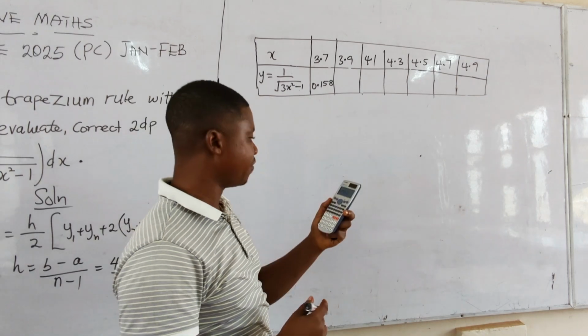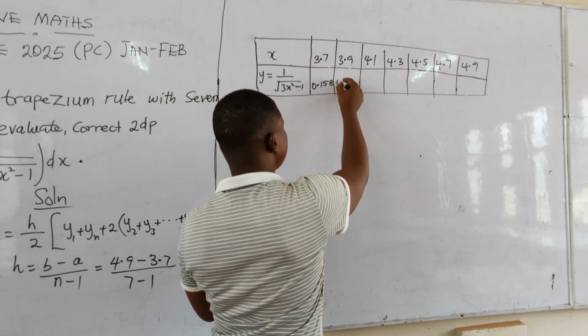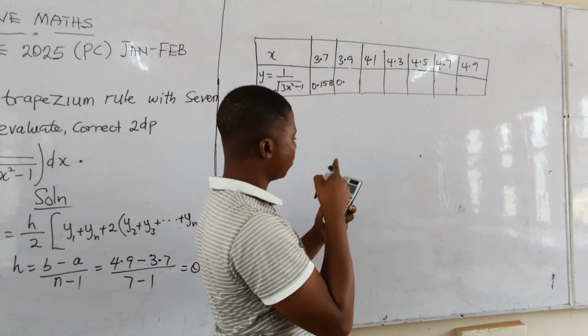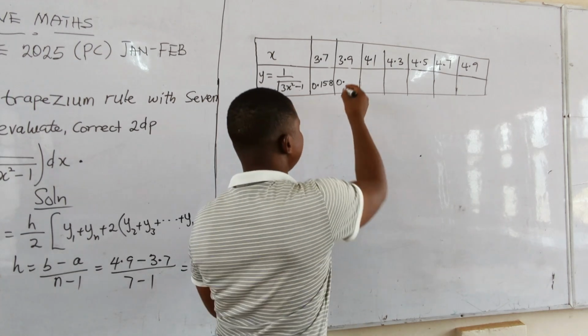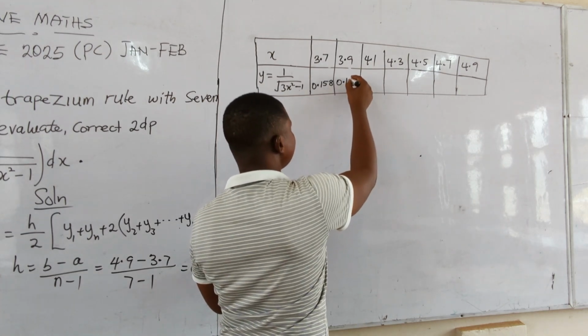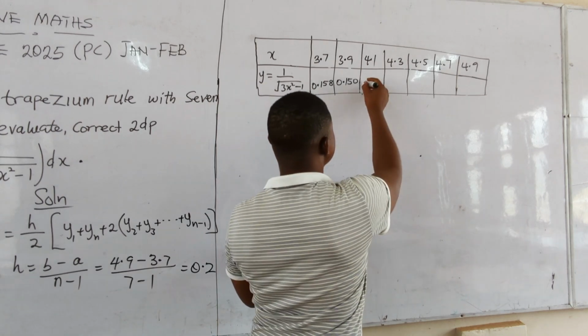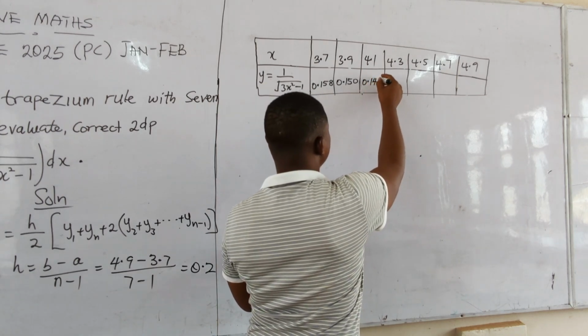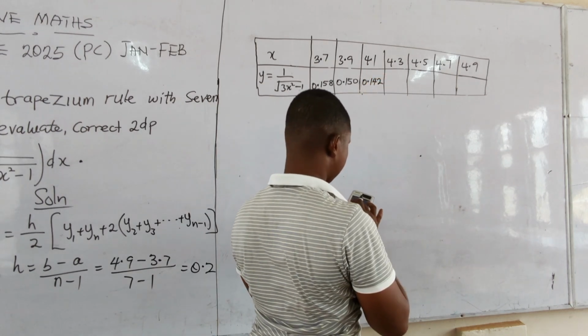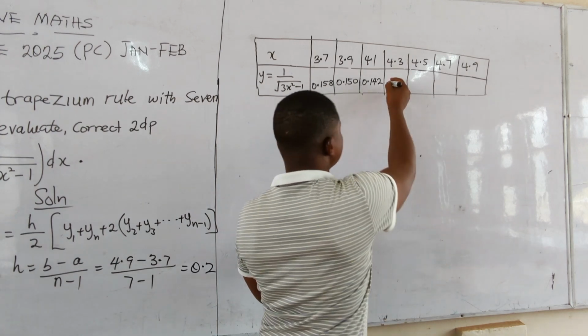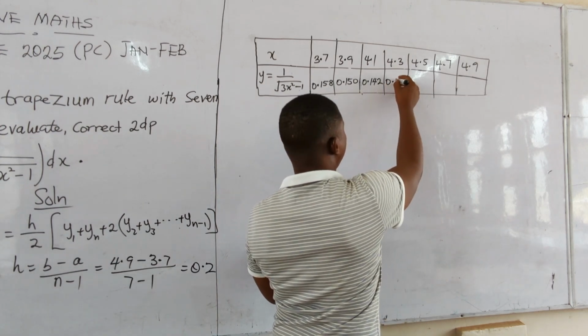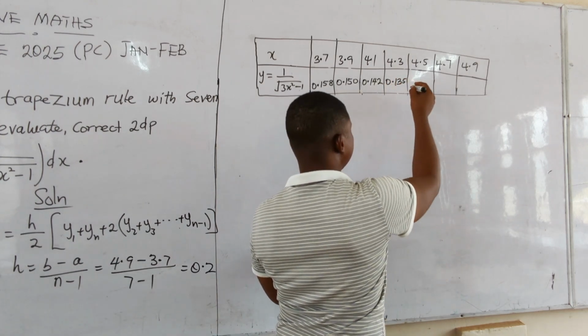So 0.158. This one becomes 0.1496, so 3.9 becomes 0.150. Next one, 0.142. Next one, 0.135.